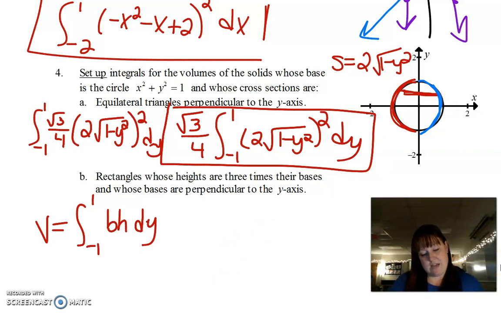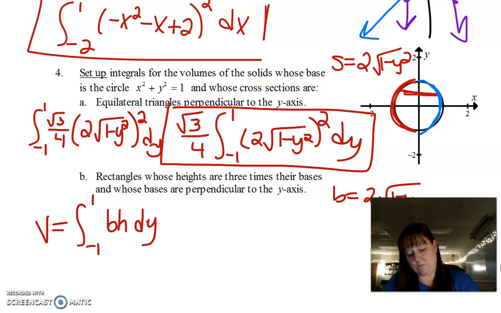Now, what's our height? The rectangles' heights are 3 times their bases. So we've got to figure out what the base is. We already figured it out. It's the same as the side, that red line. So our base equals 2 times the square root of 1 minus y squared.